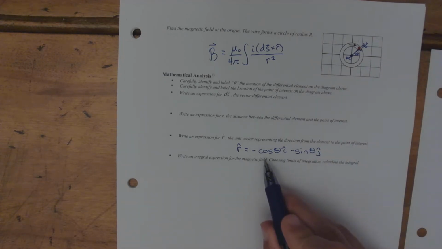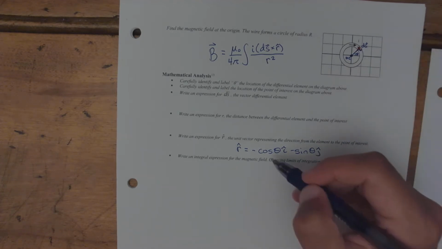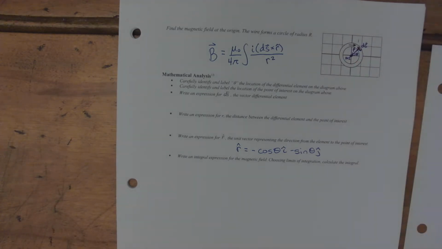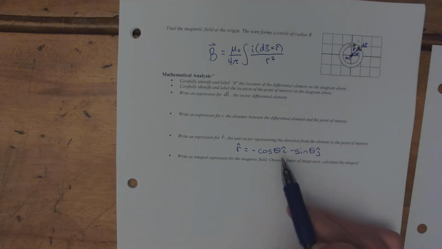In this case, r hat is the same thing because you're going from the differential element to the point of interest, which is pointing inward. So this is our vector r, and r hat is pointing inwards towards the center.